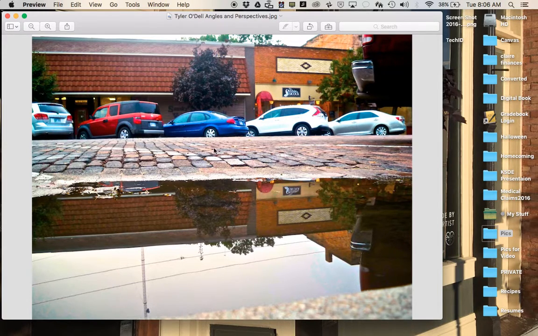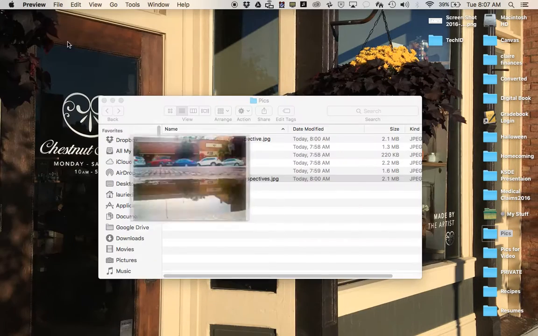Notice that he's down low when he's taking this picture, because here's really the horizontal line, the line of the street, but he's using it to create this great reflection in the water to capture that unique angle and perspective. Notice there's even no skyline here, and that's okay, because this almost becomes our skyline for us. That's a nice view change. He flips it up and makes us see our subject matter differently, which is what a good angles and perspectives picture should do.